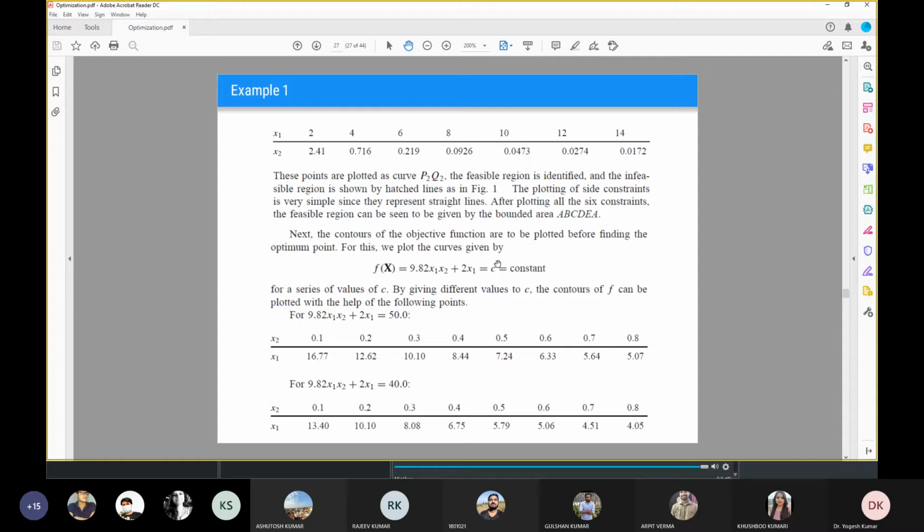We have arbitrarily chosen the value of constant C1 for the first plot. We have chosen 50. So for any value of x1 corresponding to this objective function, we will plot these plots.